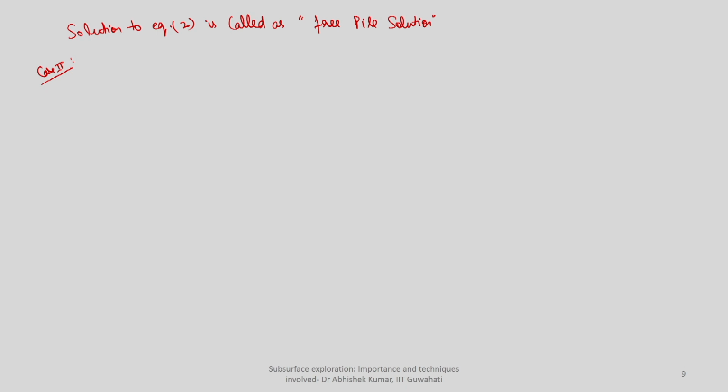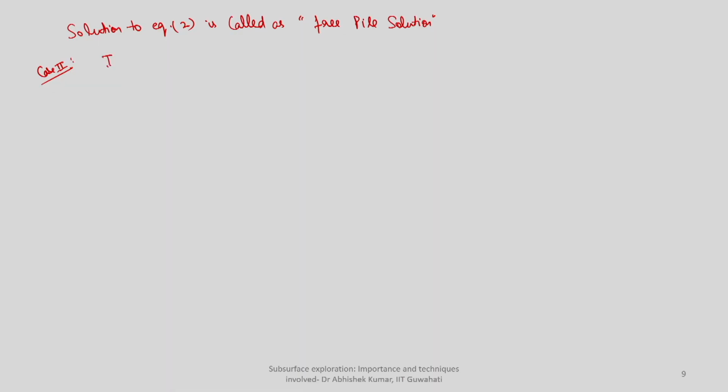Now, case 2. Here we considered a freestanding pile with no resistance from the sides. What additional complication can be brought in? Even the layers at intermediate depths may offer resistance. So, case 2 is in case of skin friction.